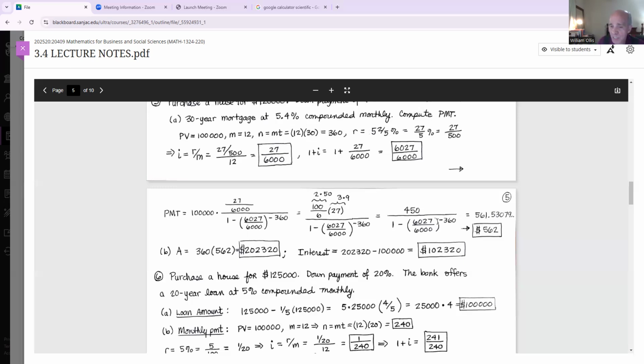So now when you do this calculation, you get a payment of $561 with some decimals here of 53. So you can basically round to the nearest dollar, and that'll give you $562 as your monthly payment. And there'll be 360 of them, and then you will own the house.